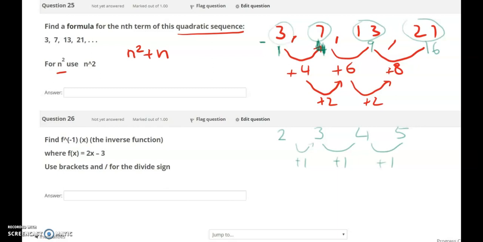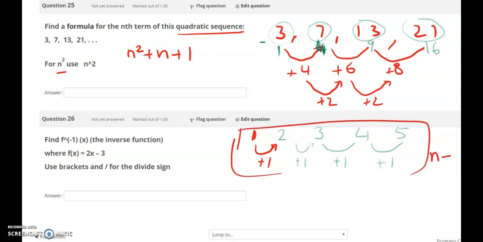So we're saying n. Now we've got to go back a step to see what would be the 0th term. And this would be 1. So reversing that process, taking away 1. So the nth term for this sequence would be n plus 1.